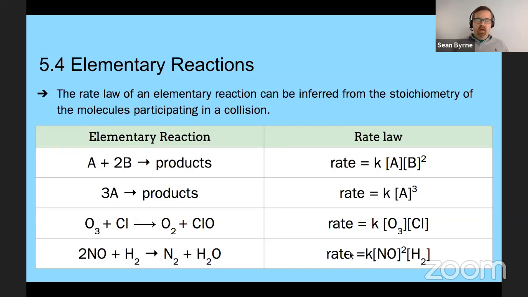And then our rate is similar for nitrogen monoxide with a 2 and hydrogen gas with a 1. Remember that our rate laws only correspond with the reactants, so we don't concern ourselves with the products here, and we can look at the stoichiometry to help us predict what's happening in the rate law.